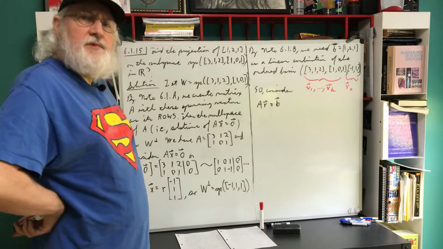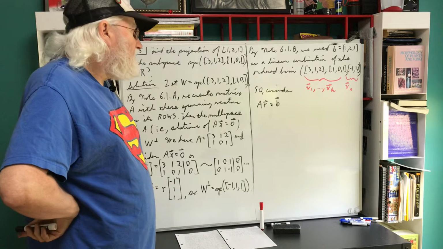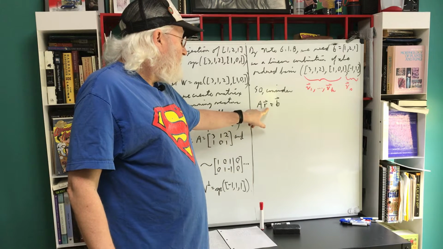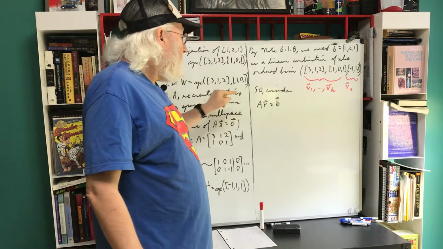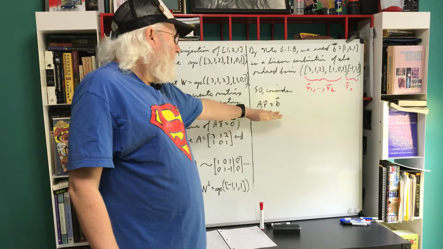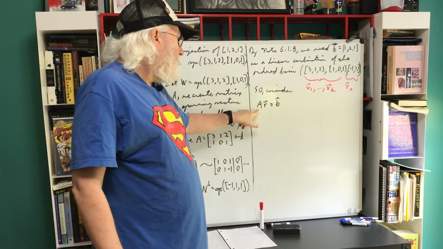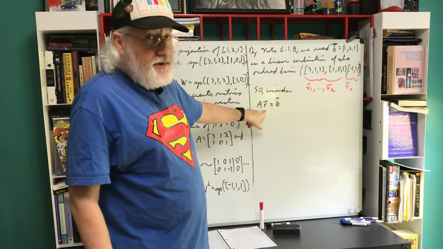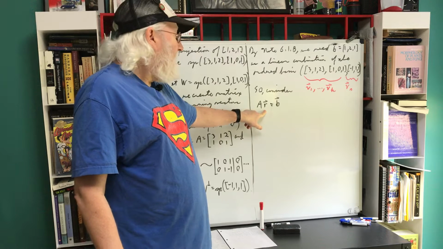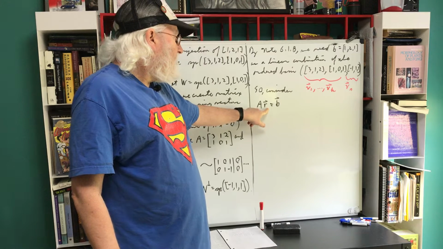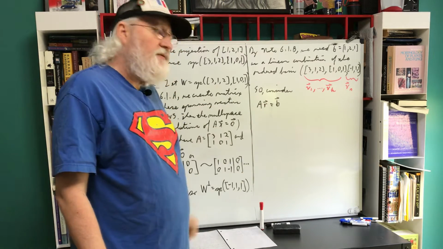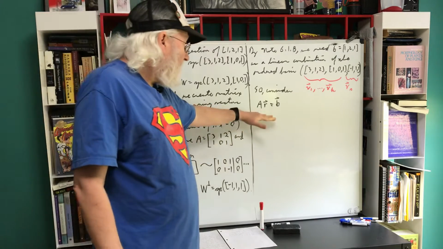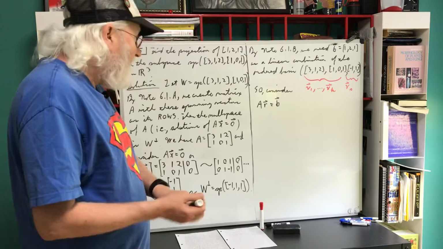So let's call this the R vector. Consider this system of equations. Whenever we take a matrix times a vector like this, you do that row times column thing, and that will produce a linear combination of the columns of matrix A with the coefficients being the entries of R. So we want those linear combinations of the columns of A to give us vector B.